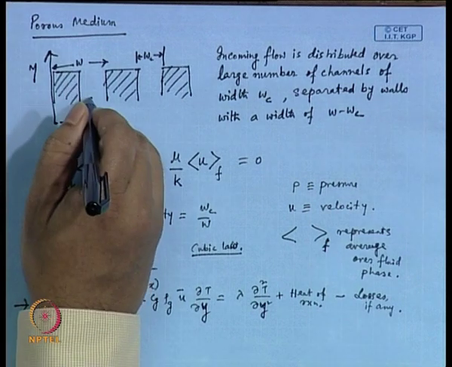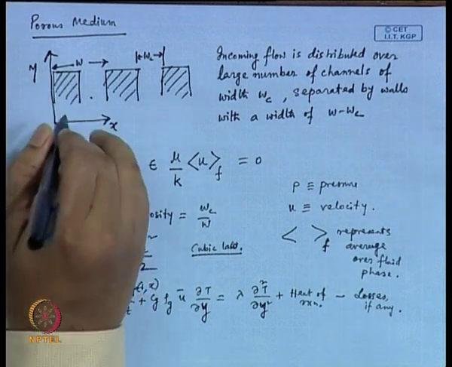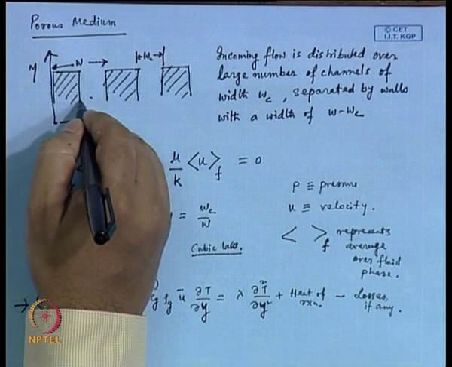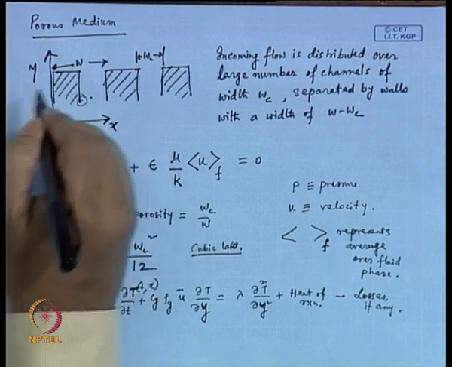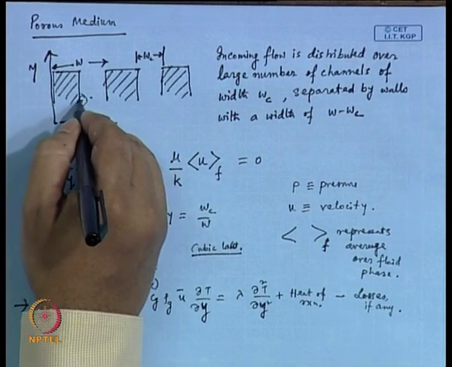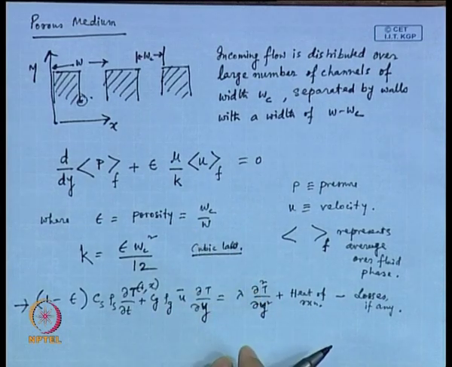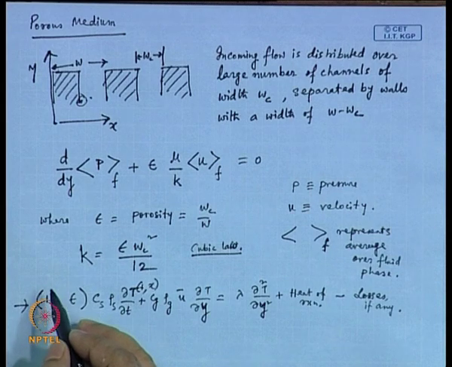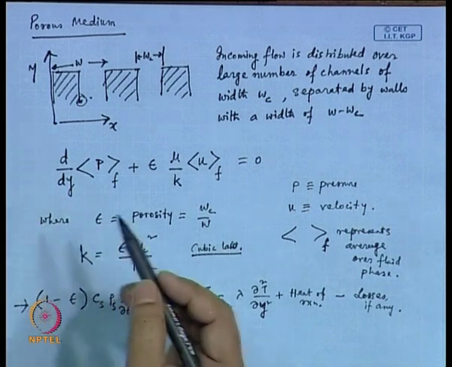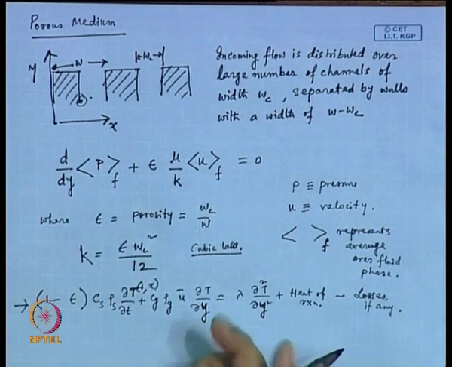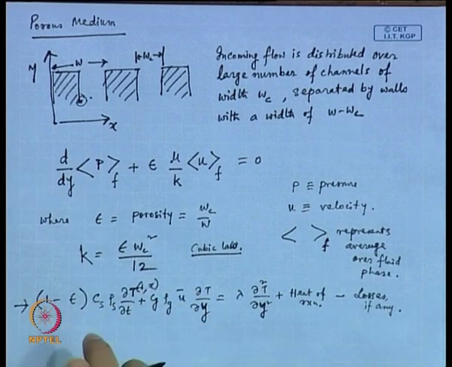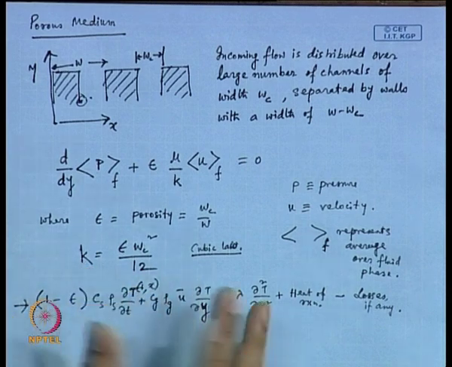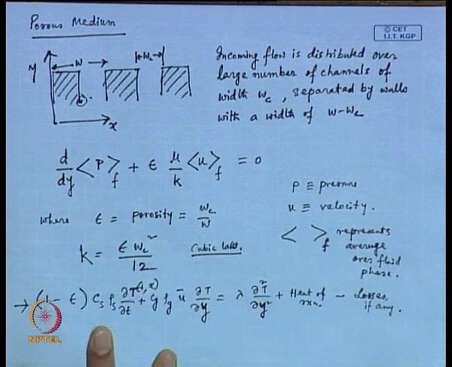There is no difference in the temperature of fluid and solid. You are giving the temperature as a function of position and of time, but solid and gas you are not separating; you are considering that they are in equilibrium inside the medium.